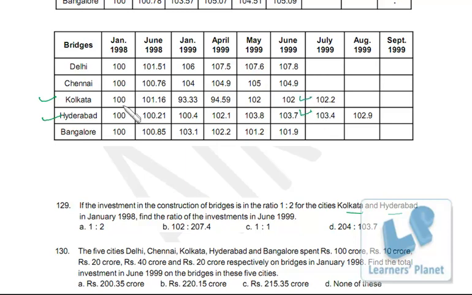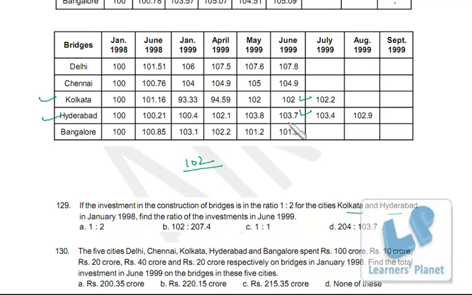So Kolkata, I assume it to be 100. So if 100 is 102 in June 99, it will be 102. For Hyderabad the construction cost is 2 times Kolkata, so I have to assume it to be 200.